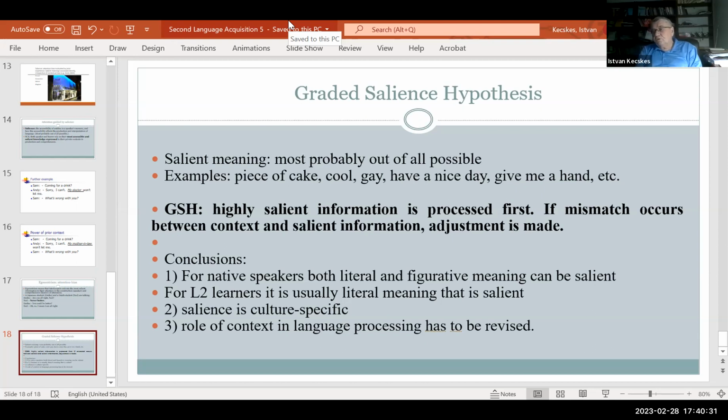So just one more thing, as far as context is concerned, because there is nothing wrong in when you teach words and expressions in context, because the context specifies the meaning of that word.